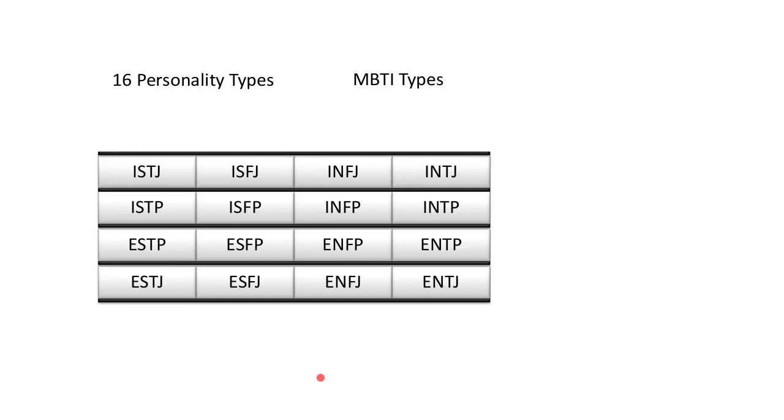At the end, by the questionnaire that that American mother and daughter developed, you can come up with a four-letter type for yourself, like the types you can see here. There are 16 personality types, or you can call them MBTI types. For example, I end up being an INTJ type, which has some characteristics, but it doesn't mean you are only and only this type of person and can't have the characteristics of other types.